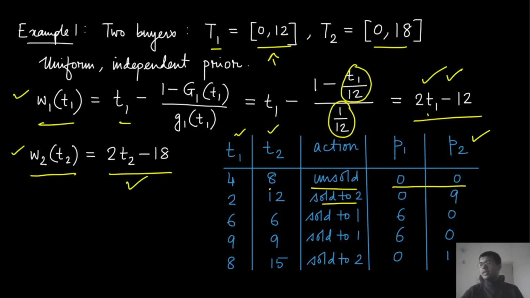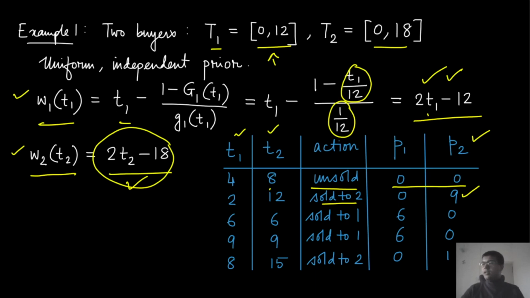The other player's virtual valuation is negative, so it is not going to win. Player 2 starts winning the object only when their virtual valuation becomes positive. The threshold at which the virtual valuation becomes positive is t2 equal to 9, and the player is asked to pay exactly that amount. So that is the payment formula.